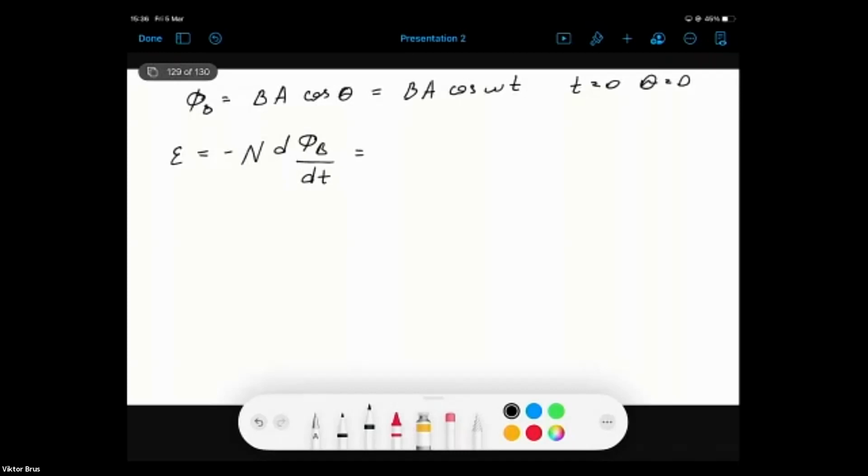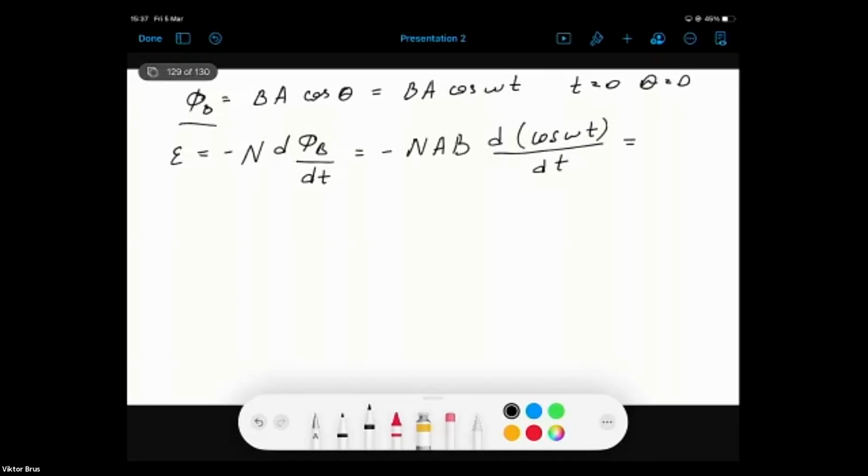And taking into account the expression for the magnetic flux, we will have minus N times A times B times d cosine omega t over dt.